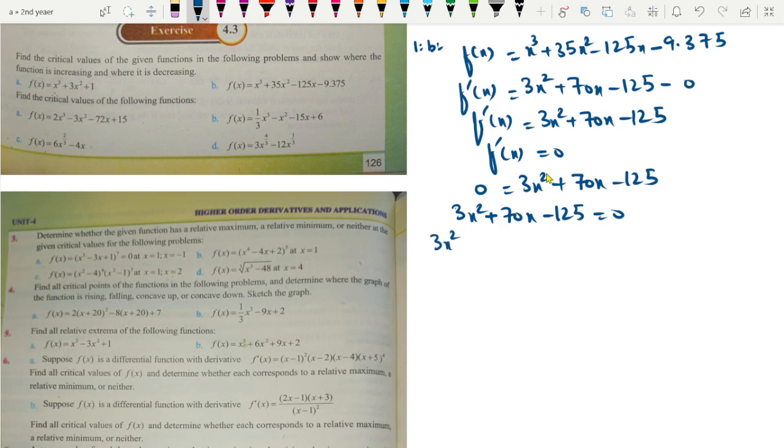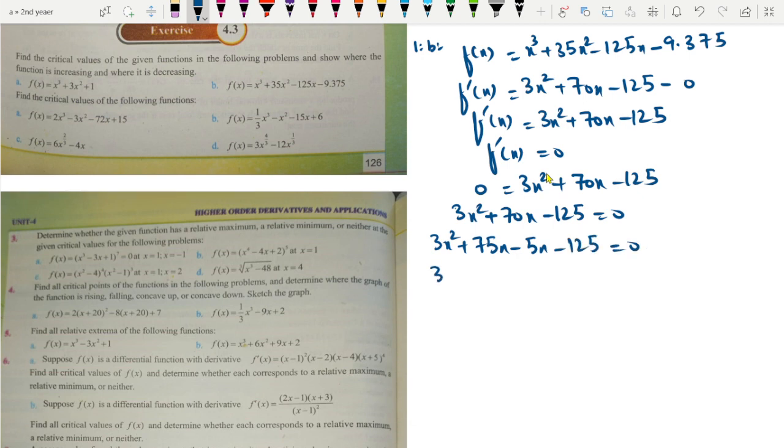So 3x square plus 75x minus 5x minus 125 is equal to 0.